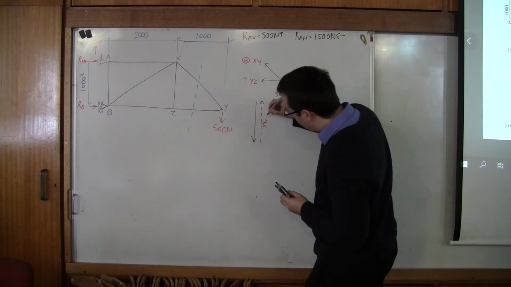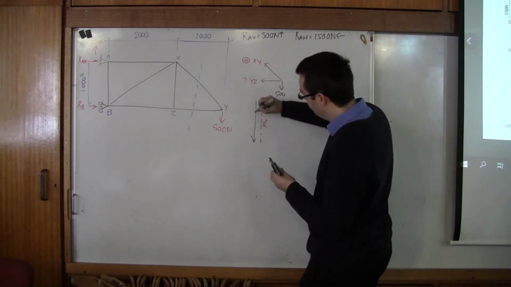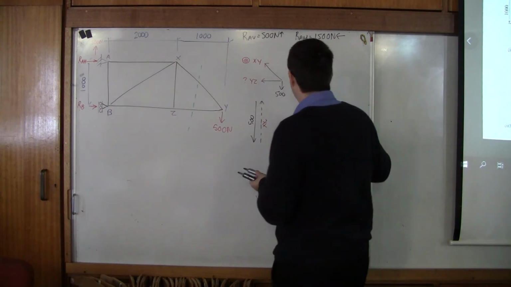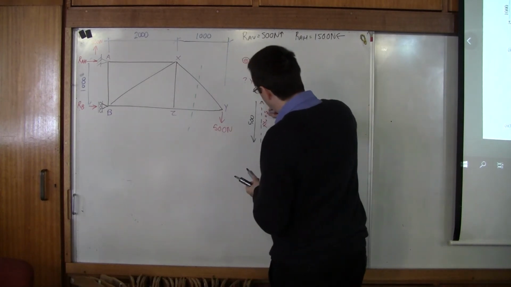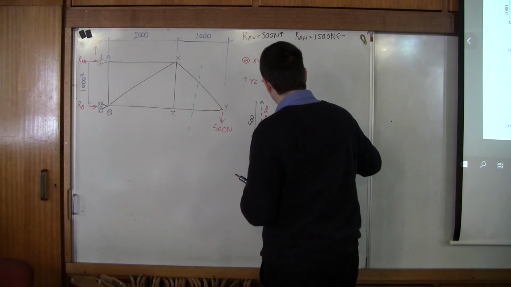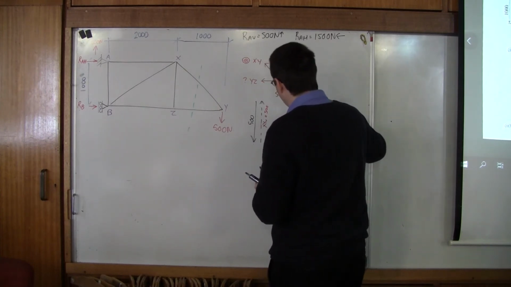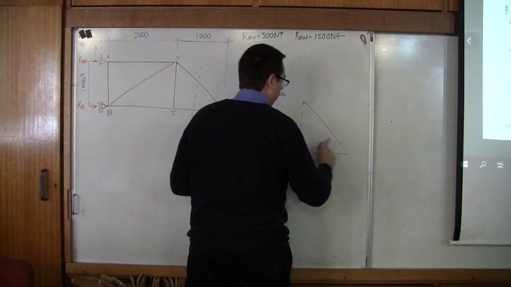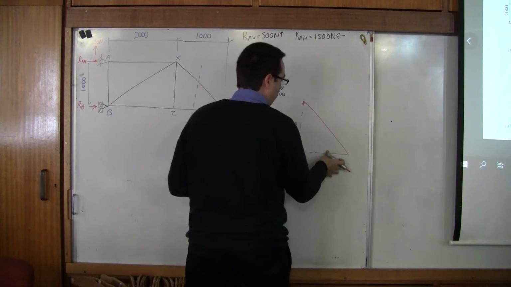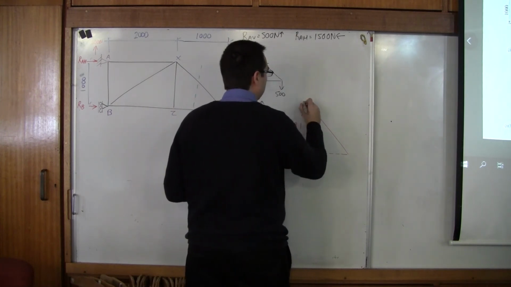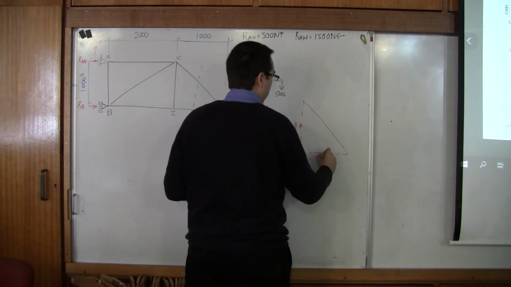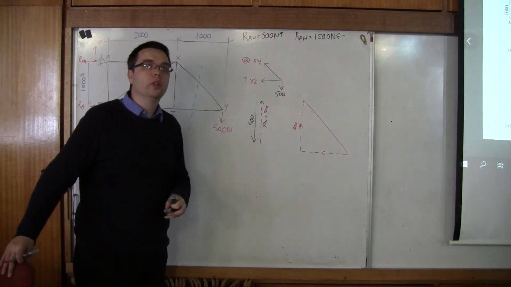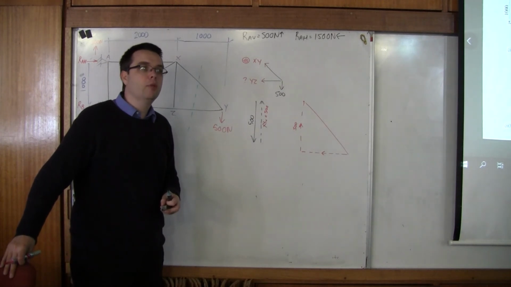XYV, the vertical component. If we have XYV equals 500, then in order to provide 500 newtons up, how much total will it have to provide?